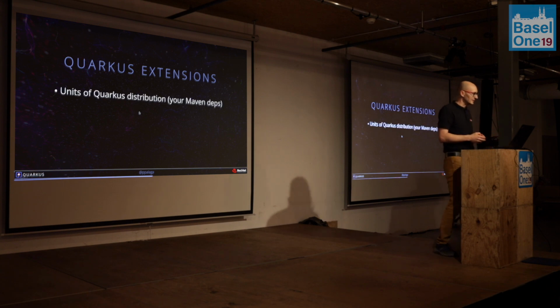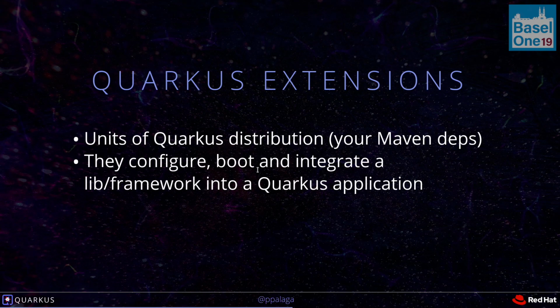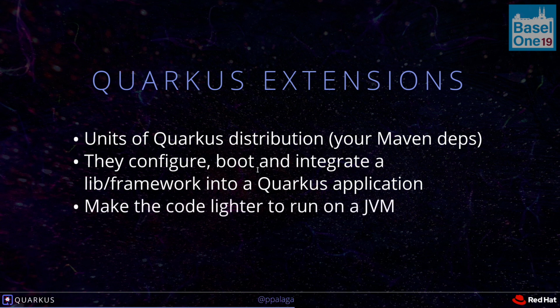Extensions are basically units of Quarkus distribution. I have shown you in the POM file, those are basically Maven artifacts that you are supposed to use as a Maven dependency. They configure, boot, and integrate a framework or a library into a Quarkus application, and they do the magic like I shown you with the CDI.